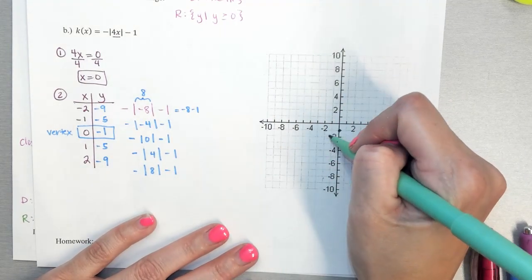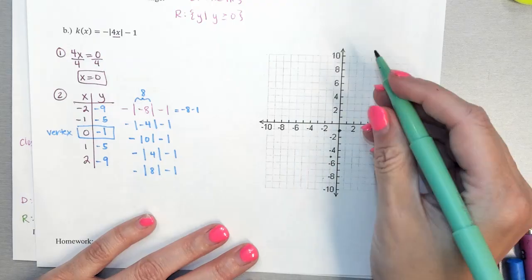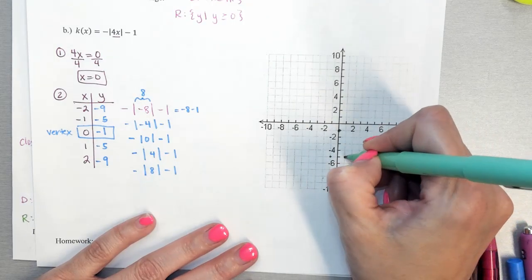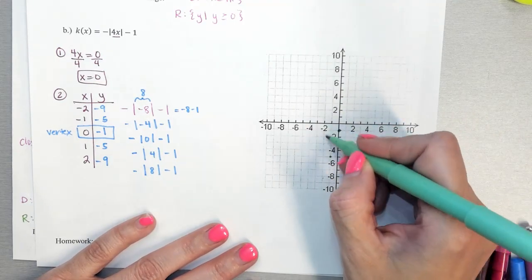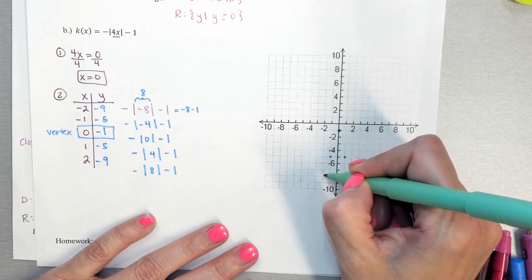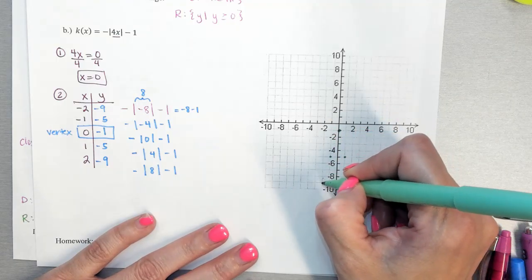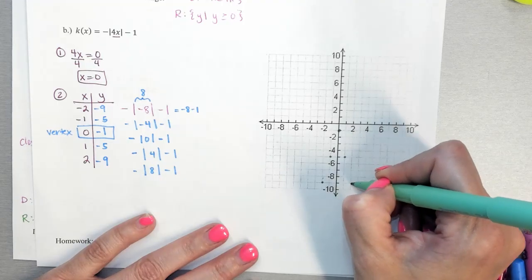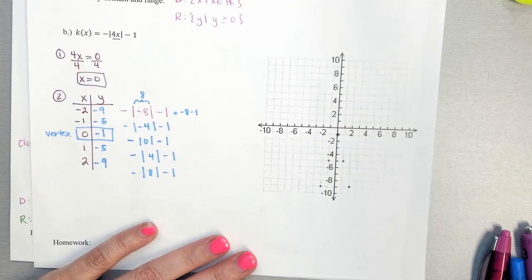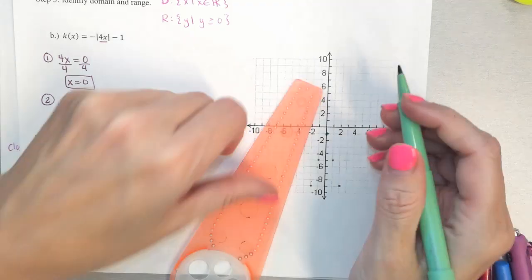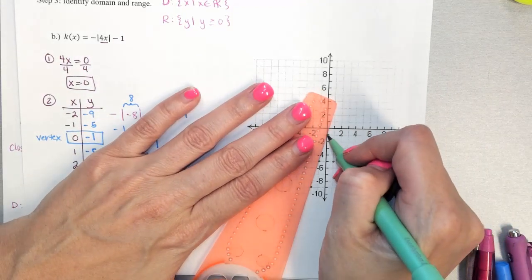And then I have negative 1, negative 5. And then I have 1, negative 5. I know they're symmetric, so often I'll just do each one, 1, 2. Okay, and then we're going to use our straight edge to do each side.